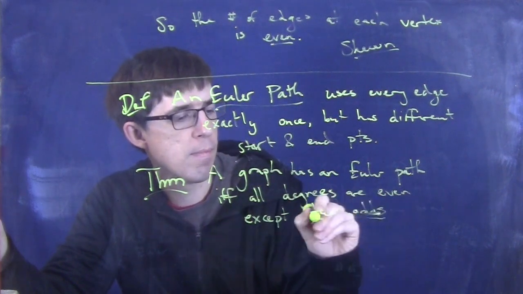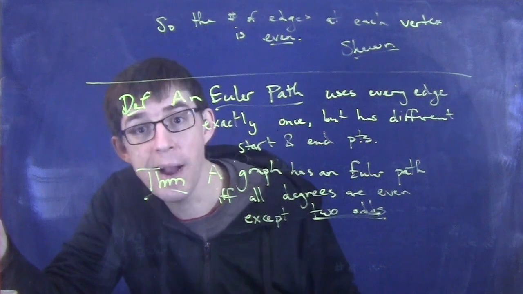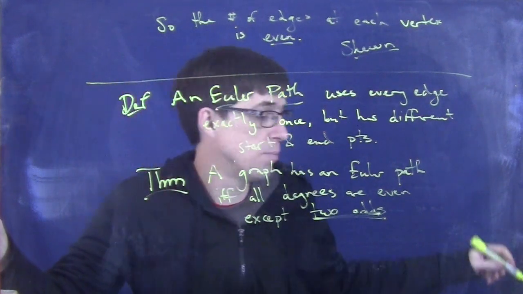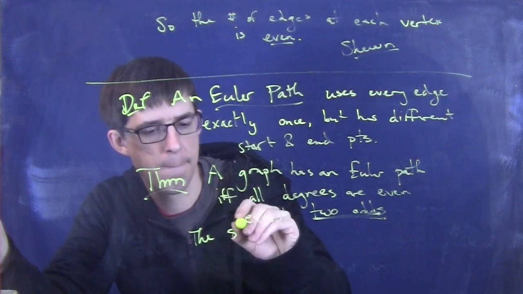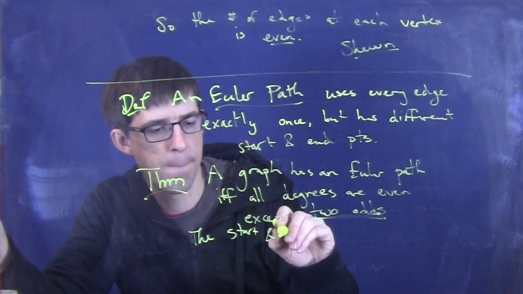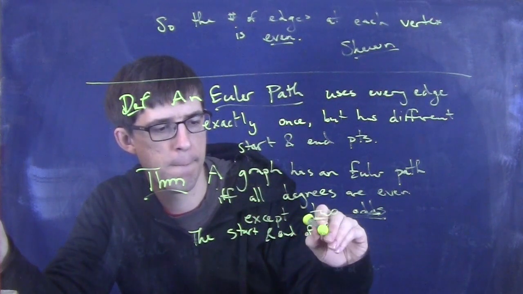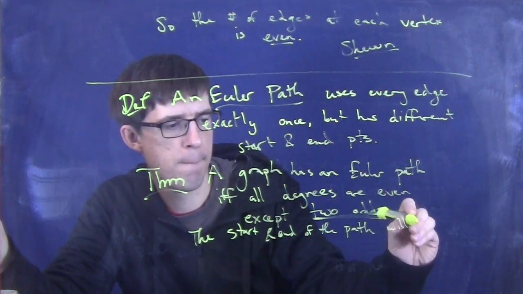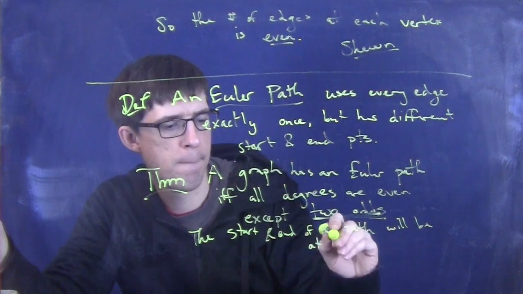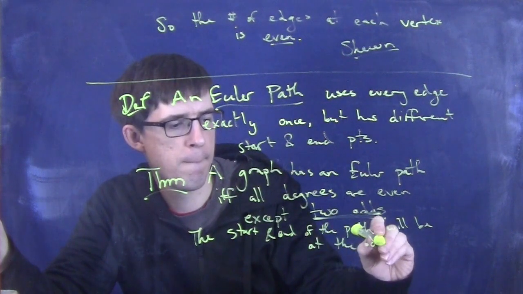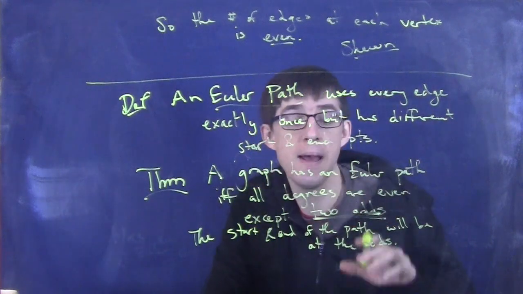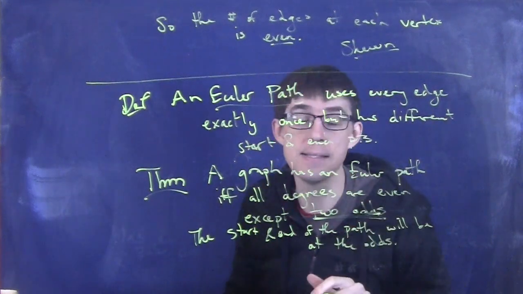All right, and those 2 odds must be the location of the starting point and the end point. The starting and end point of the Euler path will be at the odds.